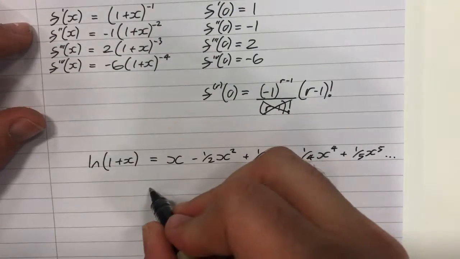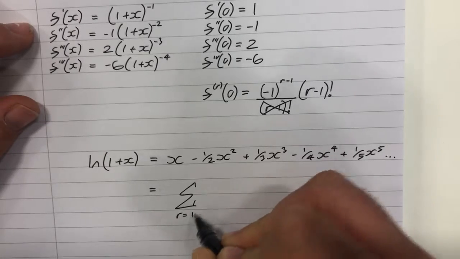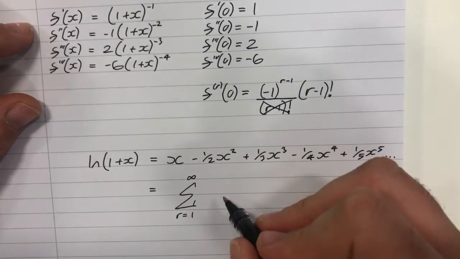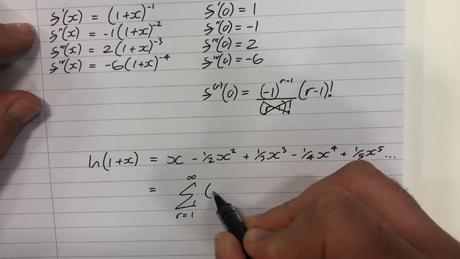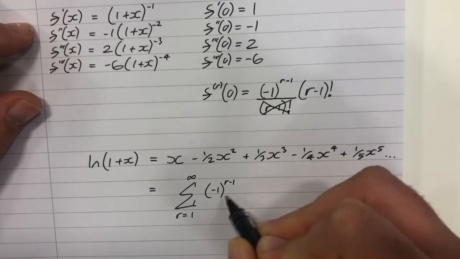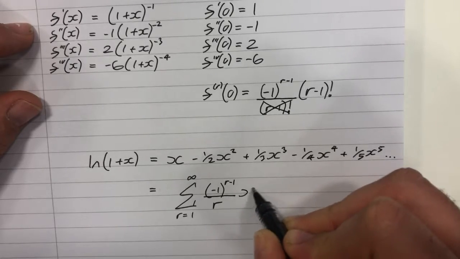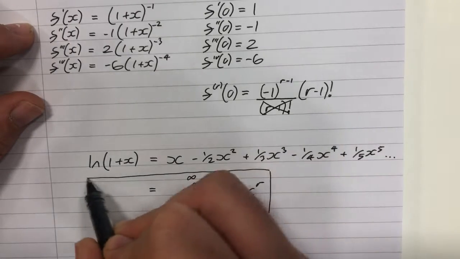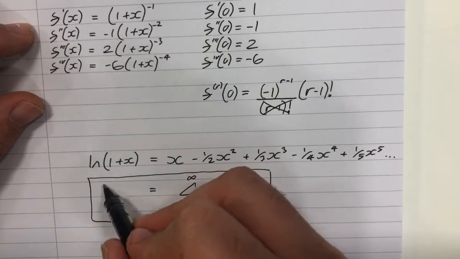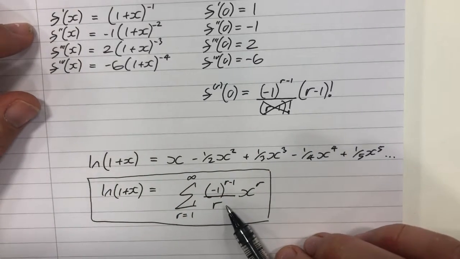So in general, this is equal to the sum from r equals 1 to infinity of minus 1 to the r minus 1 over r times x to the r. And this is not valid for all x because we've lost a factorial on the bottom.